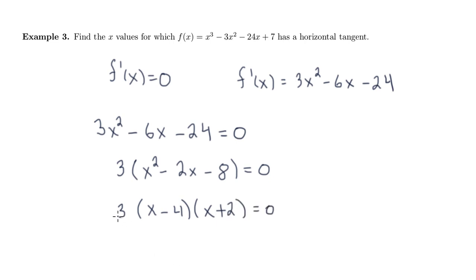Of course, one of these three things needs to be 0 for the product to be 0, using the zero product property. And of course, 3 can't be 0. 3 is just 3. So either x is 4 or x is negative 2. So these are the x values for which our function has a horizontal tangent.